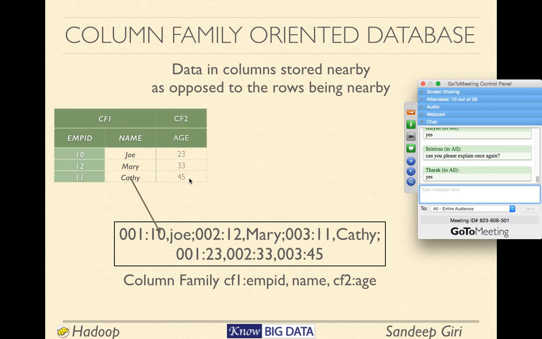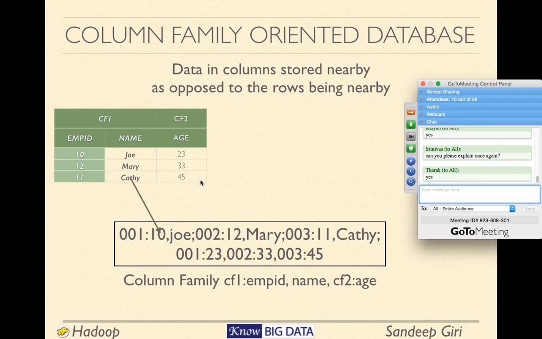Now, as you can see, if we make one column per column family, imagine that under CF1 is our employee ID. We'll store this first, then the next column family and the next column family. Correct? Therefore, if we have one column per family, the whole table will become column oriented.